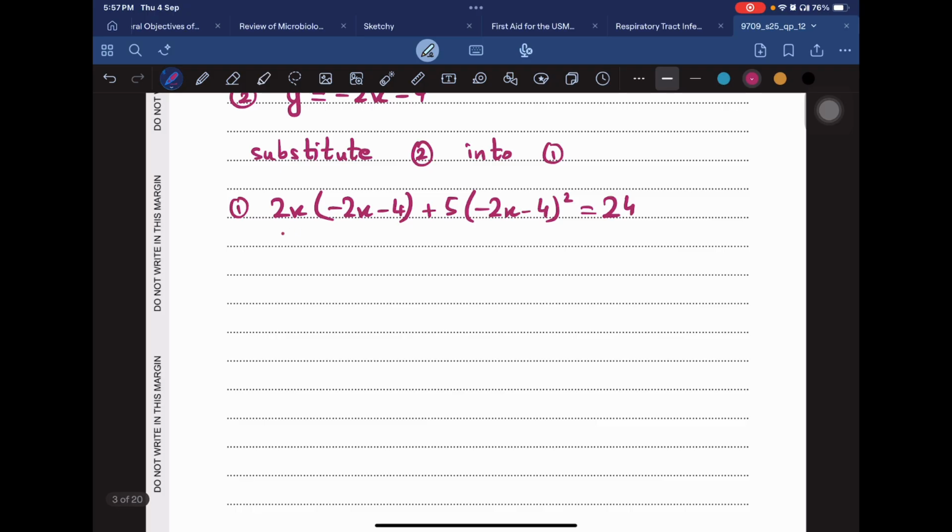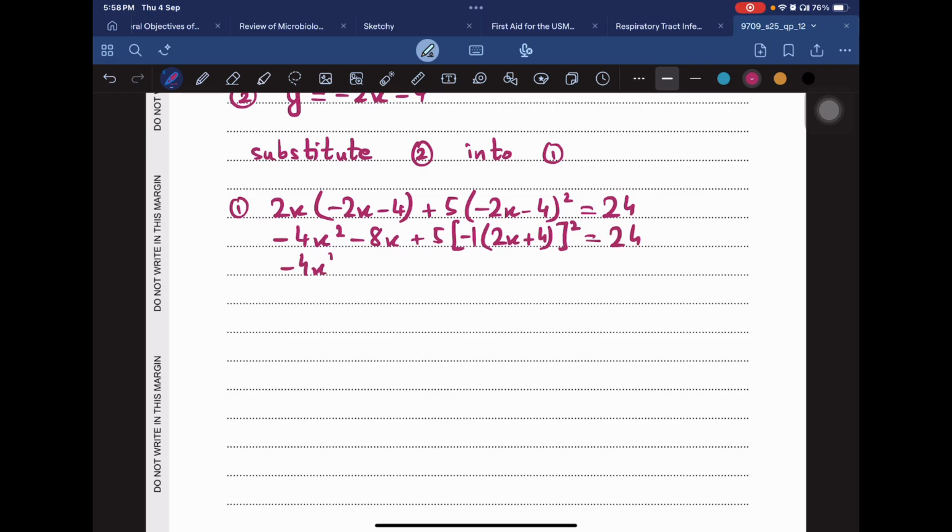So opening the brackets, 2x times negative 2x will be negative 4x squared, 2x times negative 4 will be negative 8x plus 5. What we can do is make this a bigger square bracket with the square. Take negative 1 common, so we'll have negative 1, and then we'll be left with 2x plus 4.